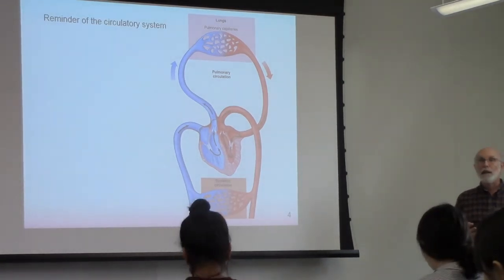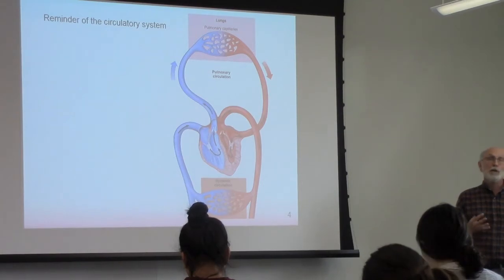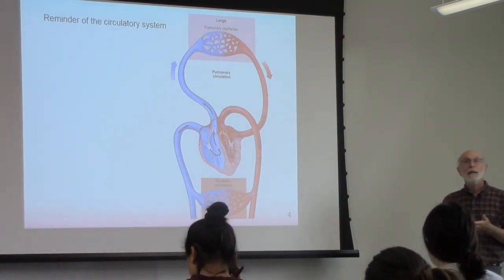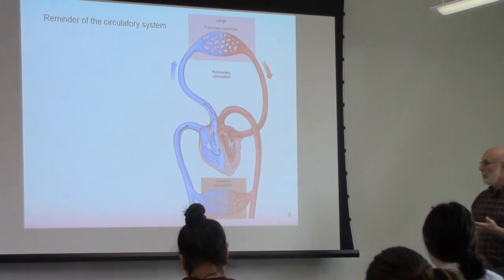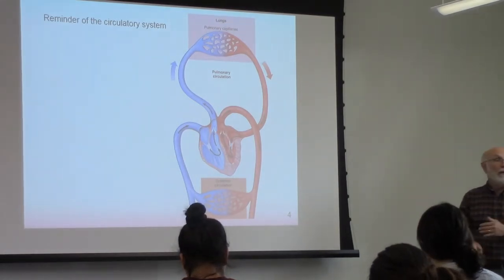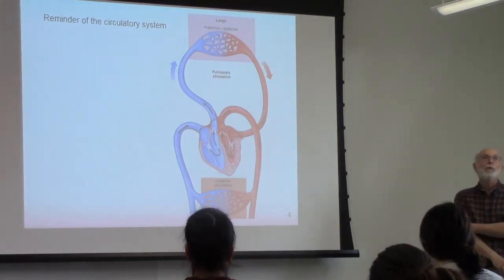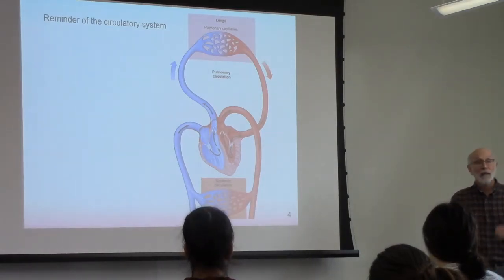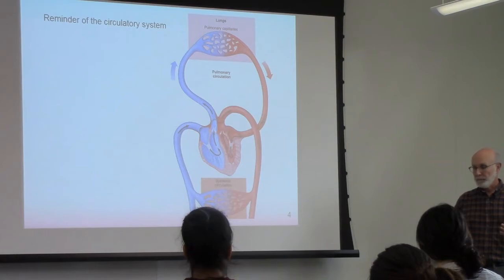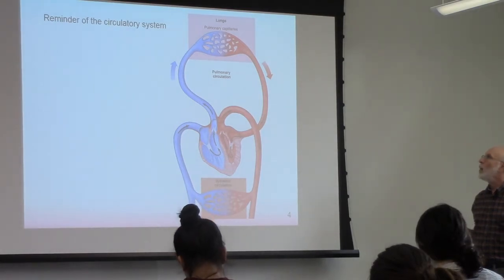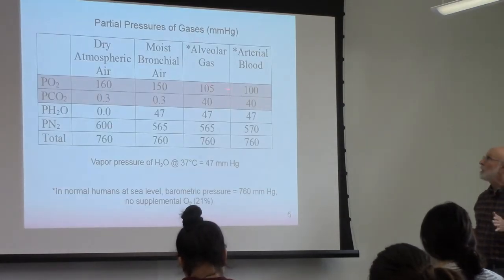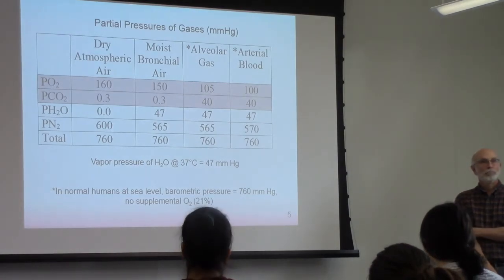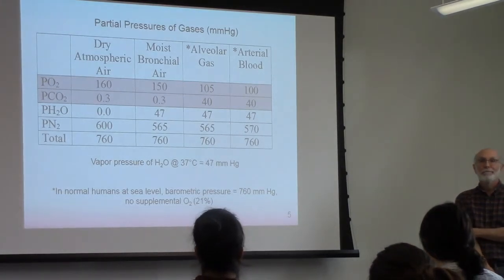Whatever partial pressure of carbon dioxide is in the alveolar gas is going to be in the blood leaving the lungs, in the pulmonary veins returning to the heart, because of complete equilibration of carbon dioxide. Okay, so now what does this suggest about the equilibration of oxygen? Not complete.